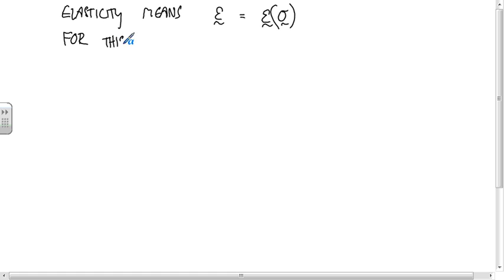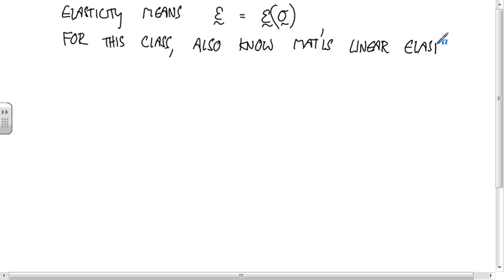For this class, we also know the materials are linearly elastic, which means that the strain is equal to some matrix of constants times the stress.